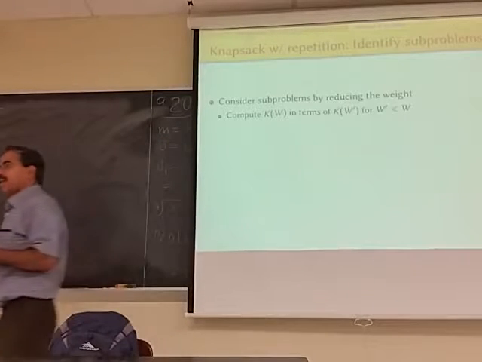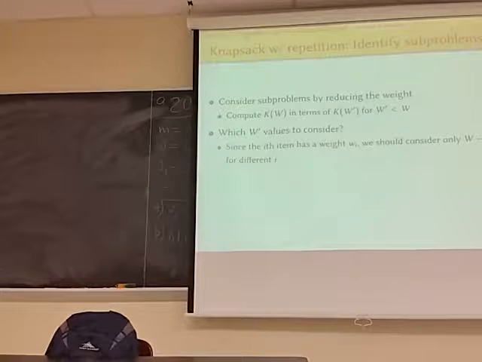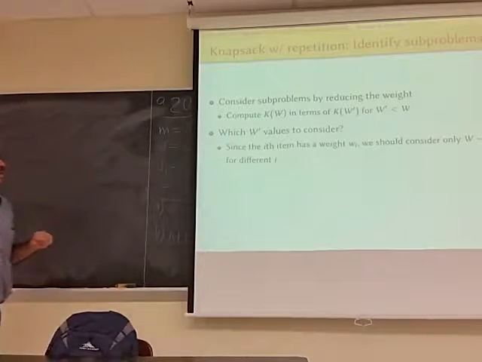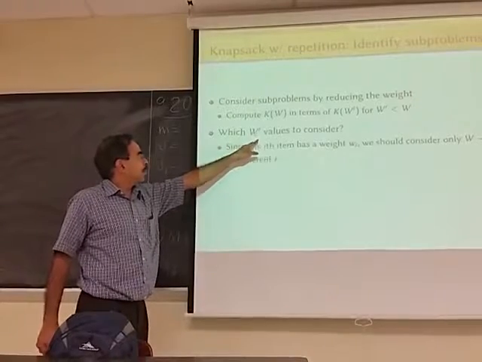And the maximum value for a weight of w will depend upon the maximum value I can get for w prime, where w prime is smaller than w. That is a dependency. So k of w will depend upon k of w prime for all w prime that's less than w.